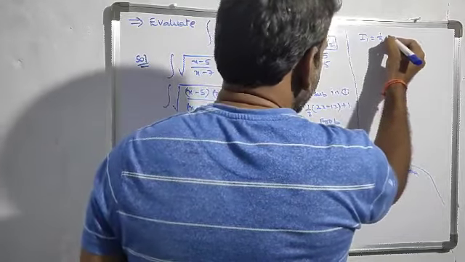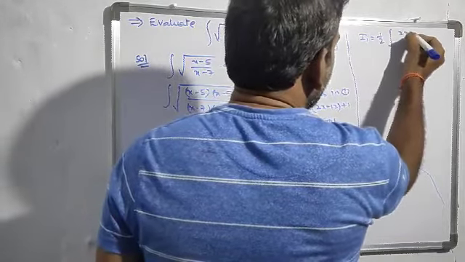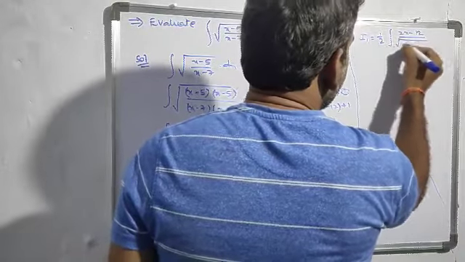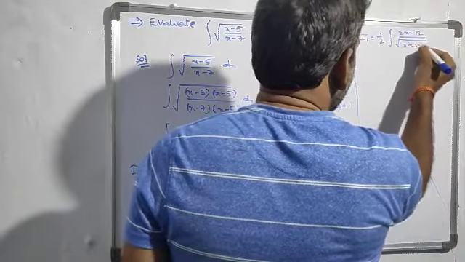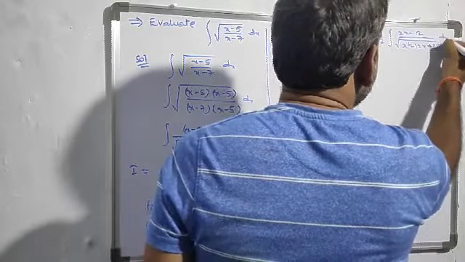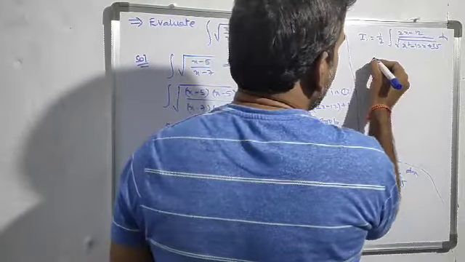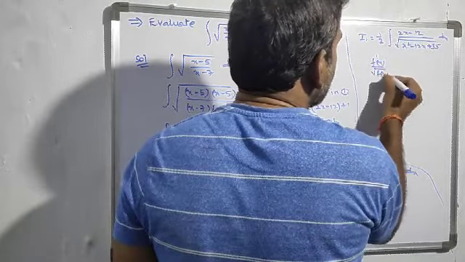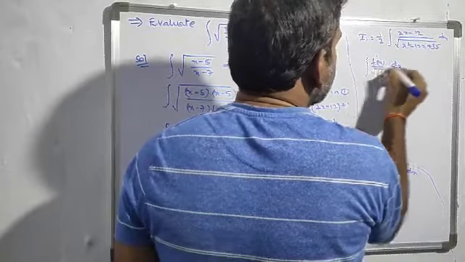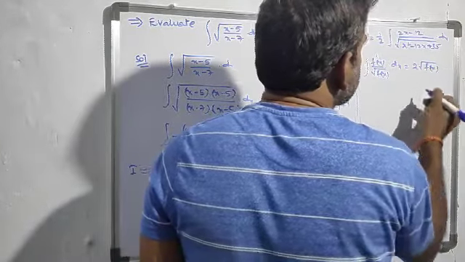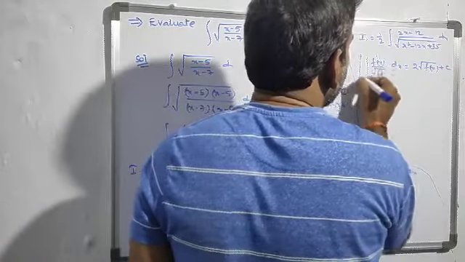I1 is 1 by 2 into the integration of 2x minus 12 by square root of x square minus 12x plus 35 into dx. Here I am using the formula f dash of x by square root of f of x into dx, which is 2 into square root of f of x plus c.